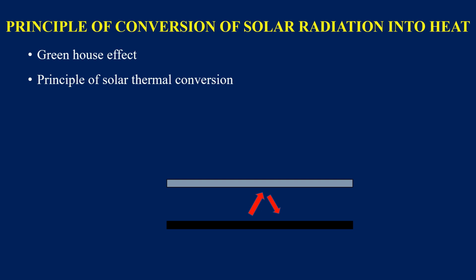So the temperature of the absorber increases again and again. This is the principle used in solar thermal energy collecting devices. As more and more solar radiation comes, the heat energy of the absorber increases, and as a result the infrared emission from the absorber also increases. So this is the principle of solar thermal conversion into heat.